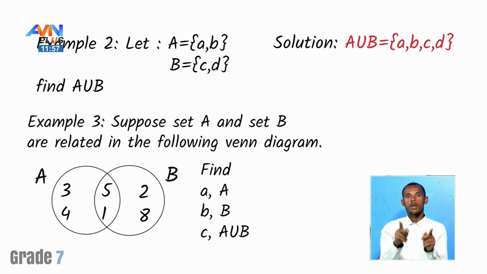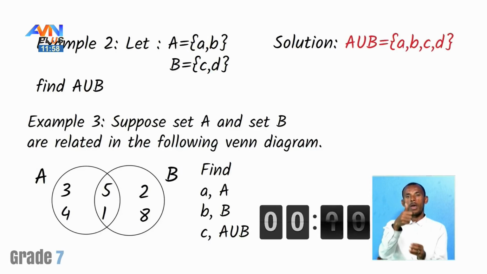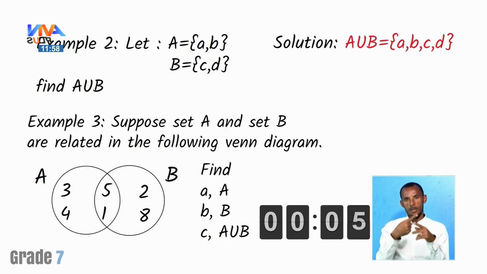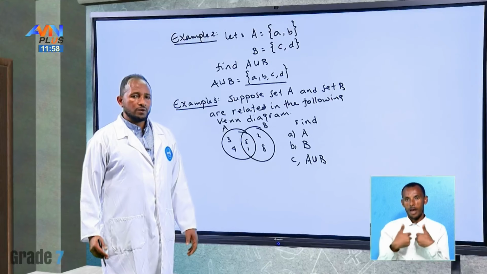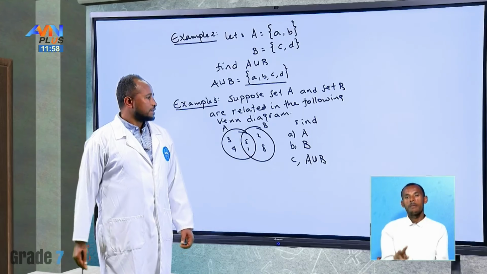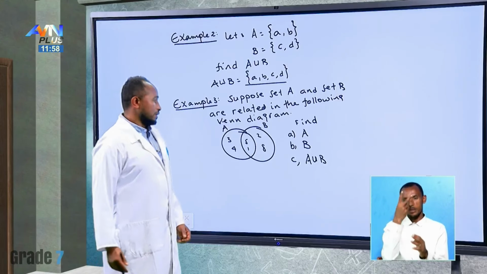Okay, so I will give you 10 seconds for this one. What are the elements found in set A? Have you tried the question? Very nice. Now, let's see the answer together.